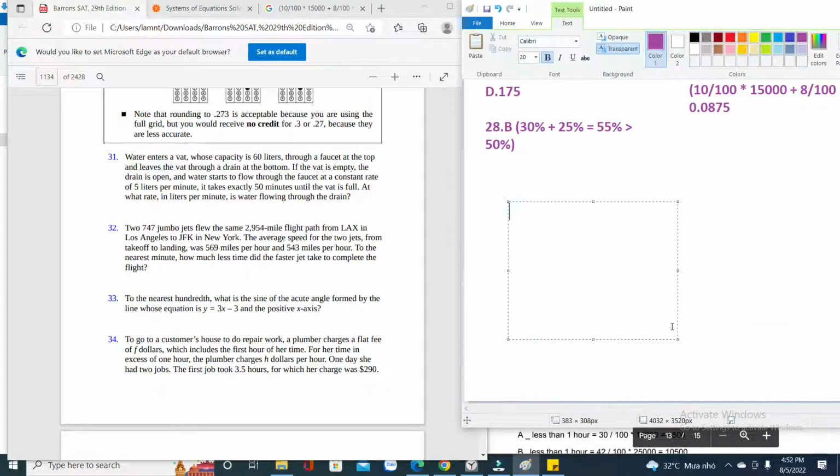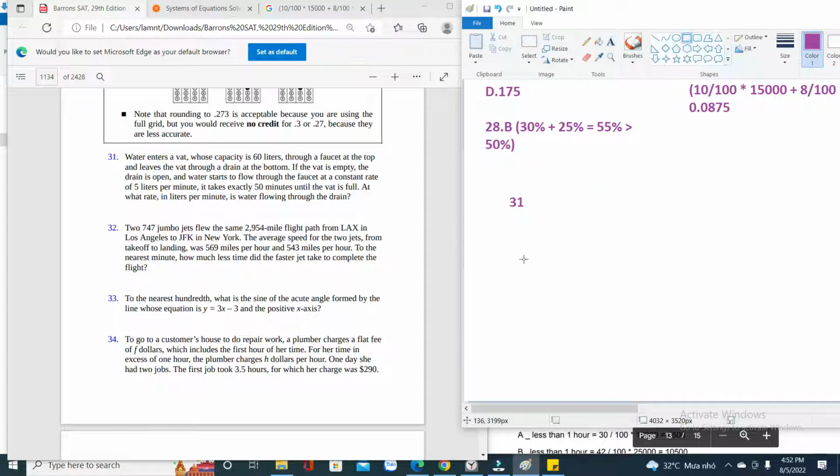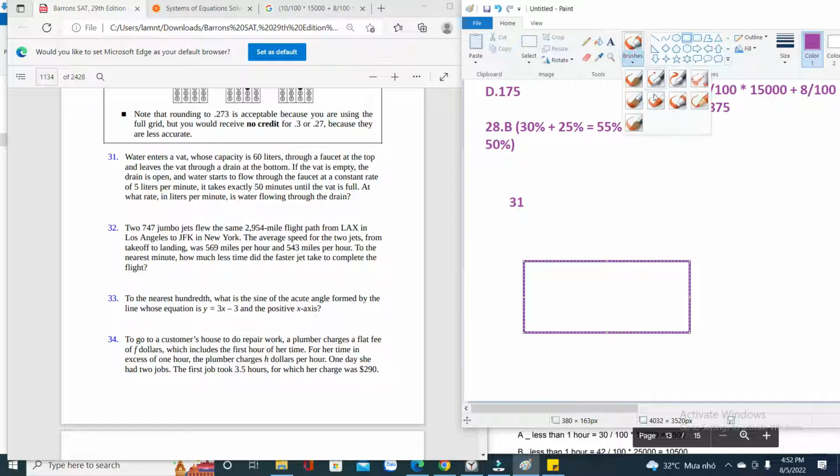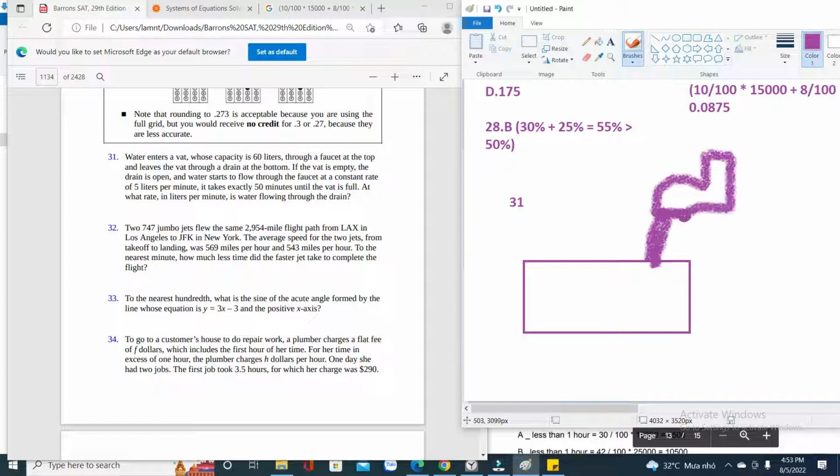We have a vat, which is a tank like this, and we have water flowing in from a faucet here. It looks like a shoe, but it's actually a faucet. There you go, a faucet. We run it into the tank, so the tank has a hole in this part for the water to run in.